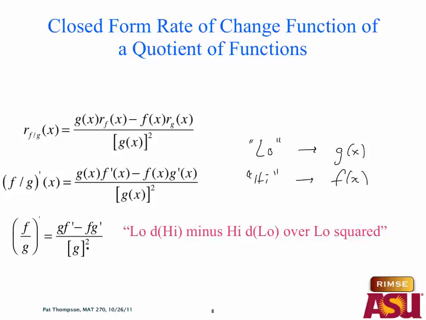So if we use low and high, we've got low d high, like the differential idea, minus high d low over low squared.